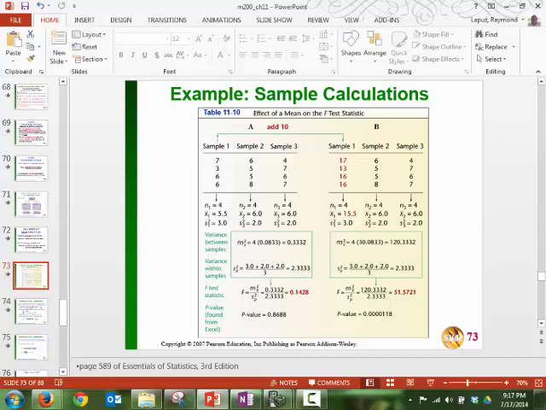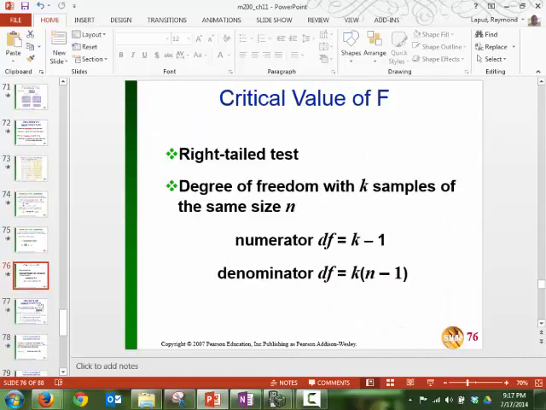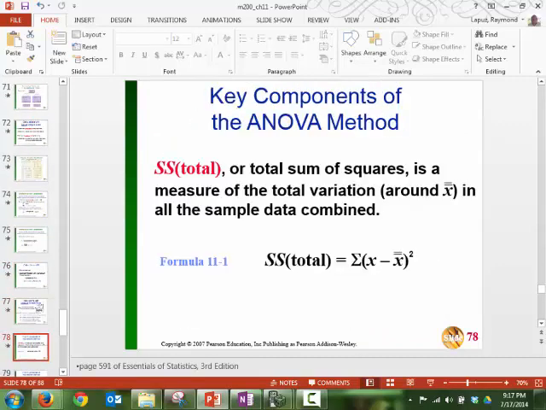So this is one where they do everything from scratch, and then they get some values. So the SS total is the total sum of the squares and is a measure of the total variation around x bar bar. So it's taking the x bars and finding the mean of all the x bars.